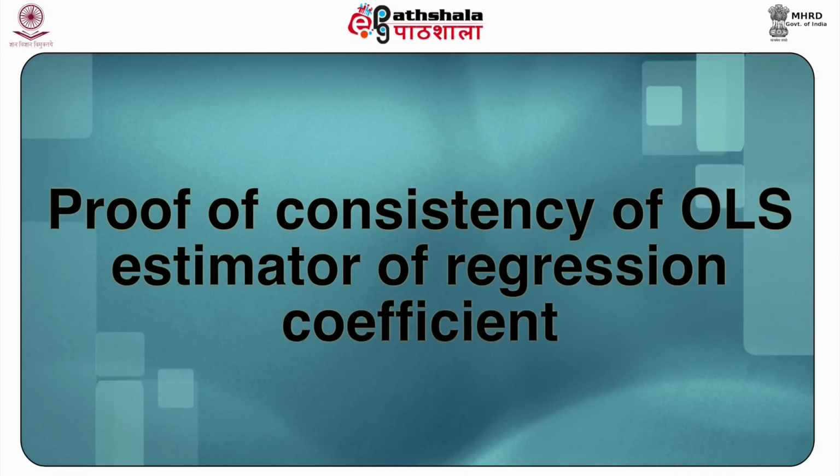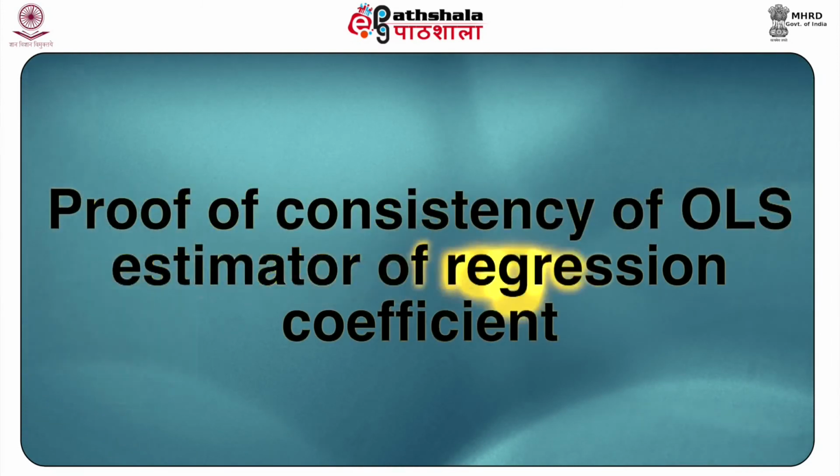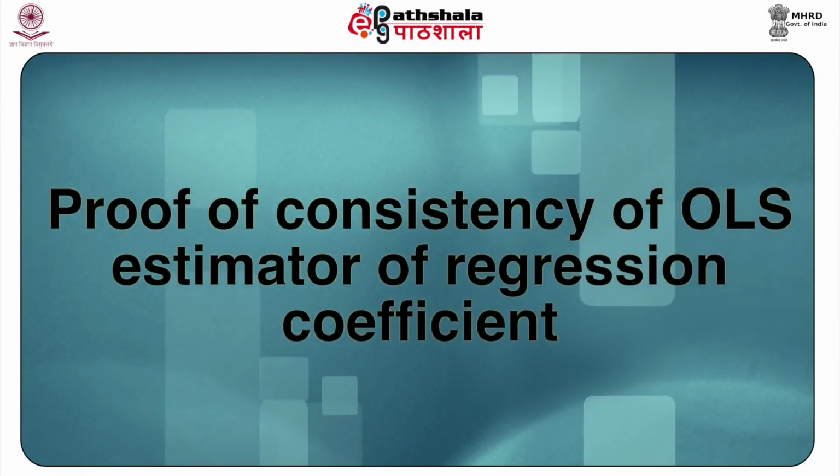Let us now discuss the proof of consistency of the OLS estimator of a regression coefficient. Since we know the expected value of x_i mu_i is equal to 0, by the law of large numbers, we can say that the probability limit of beta hat will be equal to its expected value as n tends to infinity.